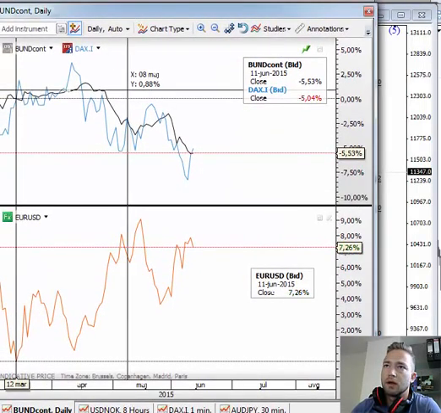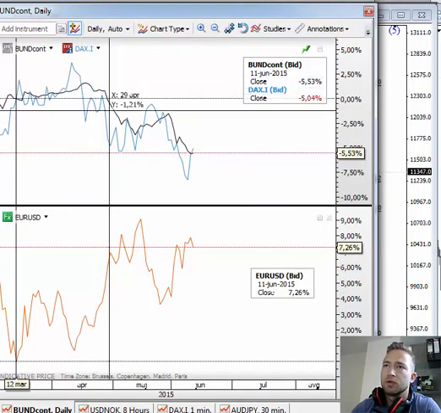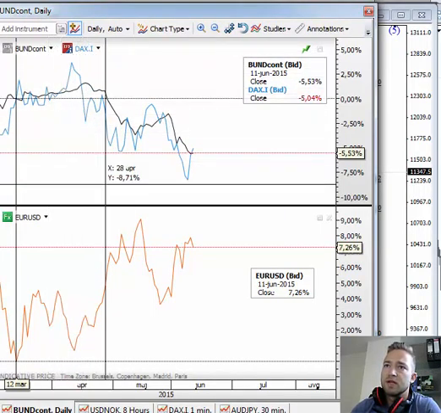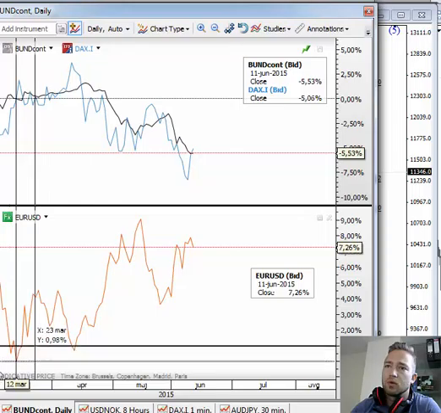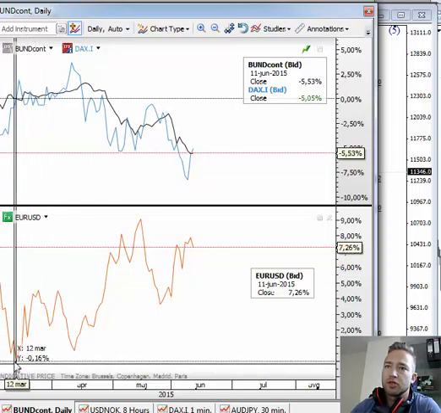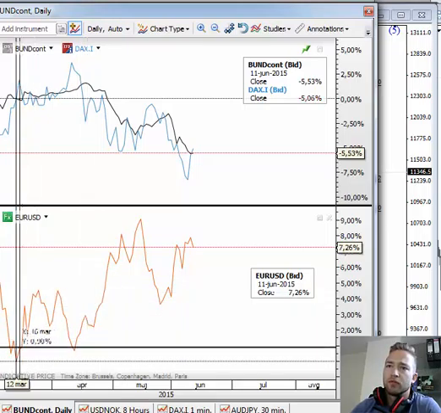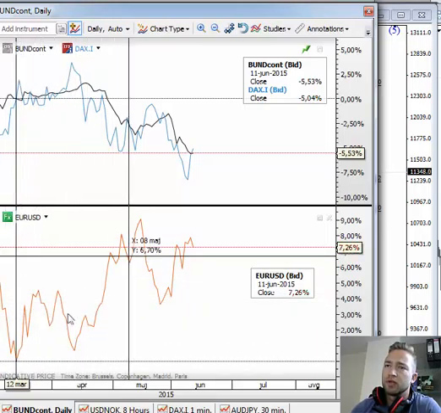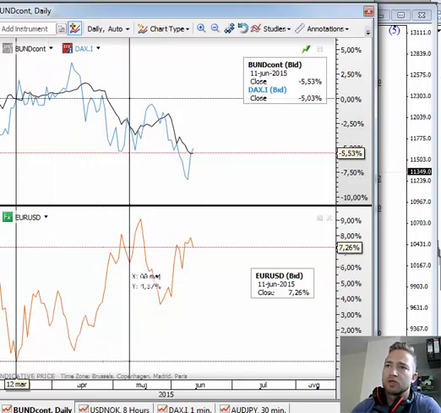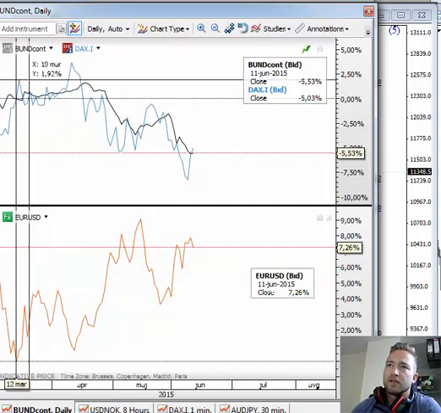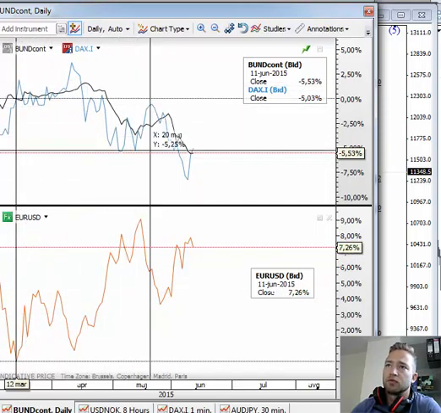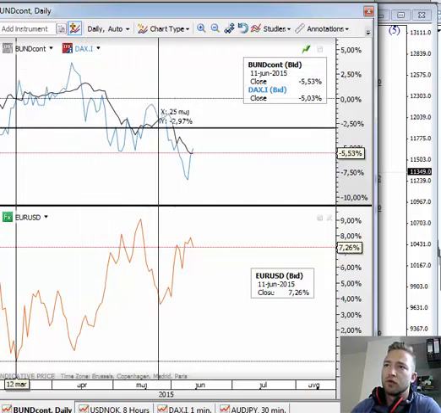This in black is German Bund, and this is DAX. You can see on the lower chart we have euro dollar. So actually in mid-March, when the euro dollar found a low and moved nicely to the upside, made a quite strong recovery, at the same time Bund, as you can see in black, moved to the downside, and DAX also followed to the downside.